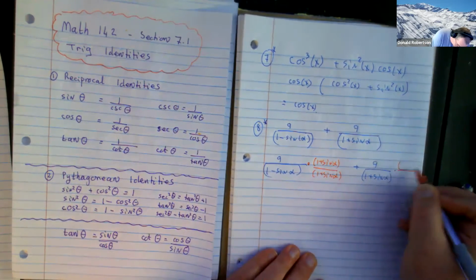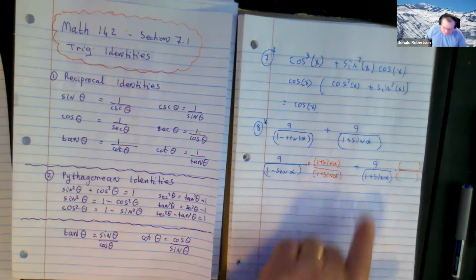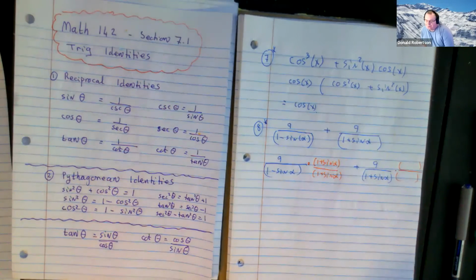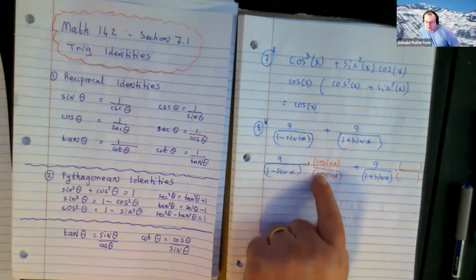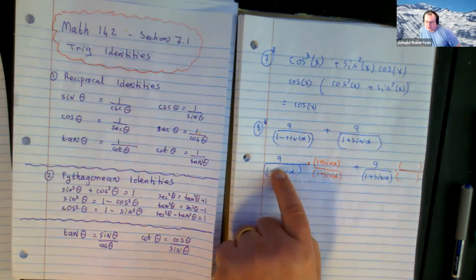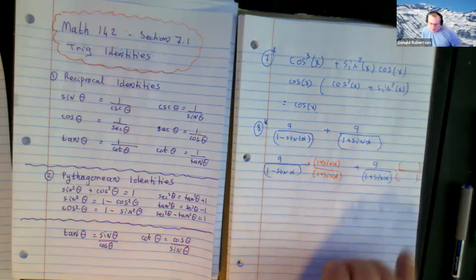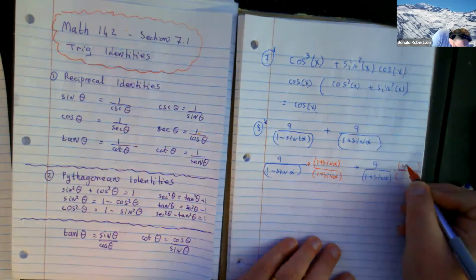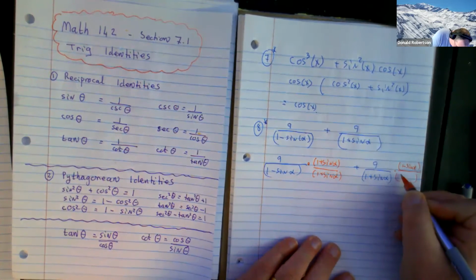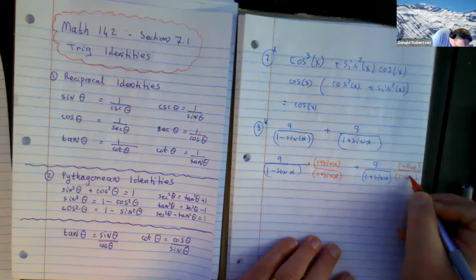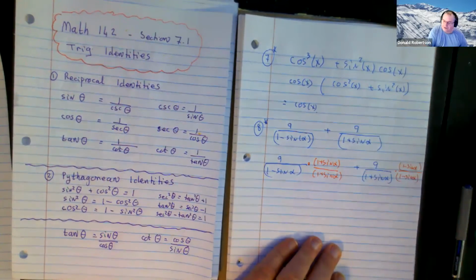What version of 1 do you think I'm going to use on the second fraction? This guy gets multiplied by 1 plus sine theta. So it's not that guy, but this guy. What's this one going to get multiplied by? 1 minus sine. Now, the advantage of doing that is, do you now see that both those fractions have the same ugly common denominator, right?